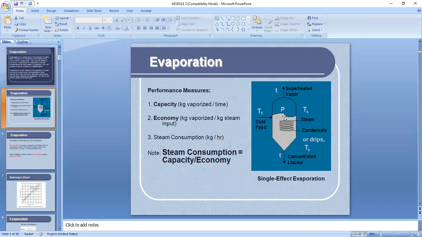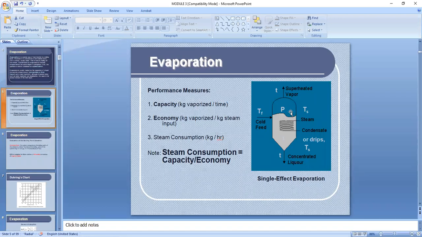Now, there are problems that give you not the temperature of the vapor space, but rather the operating pressure of your evaporator. So all you have to do is go to your steam tables and find the saturation temperature at that indicated operating pressure of your evaporator. That would then be the temperature of the superheated vapor as well.